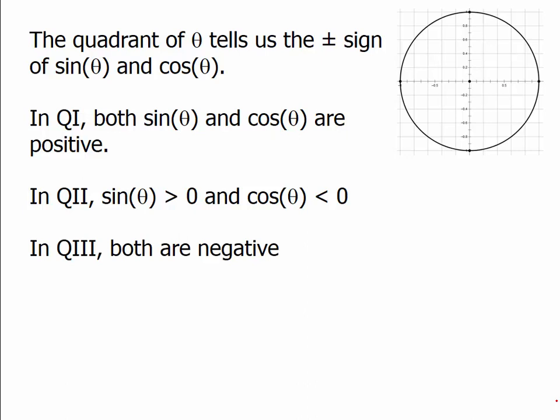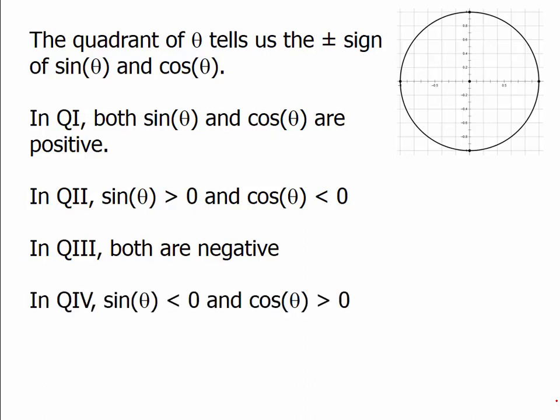When we move to the fourth quadrant, y is negative, but x is positive. And so that means that sine is negative and cosine is positive there. And so it's very easy to tell the positive or negative signs of these two functions in different quadrants purely from the quadrant. The quadrant itself gives us the information.